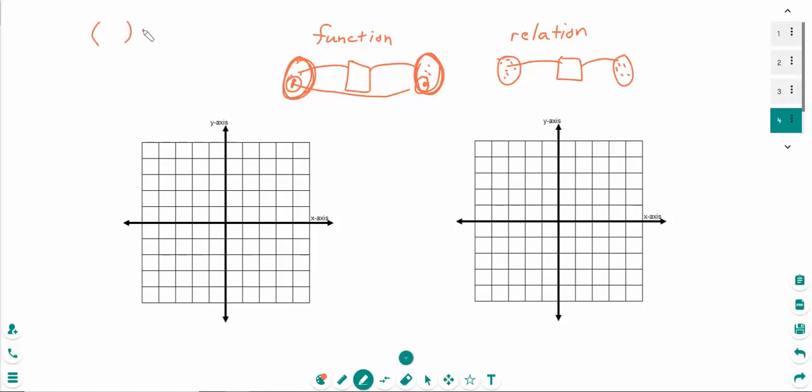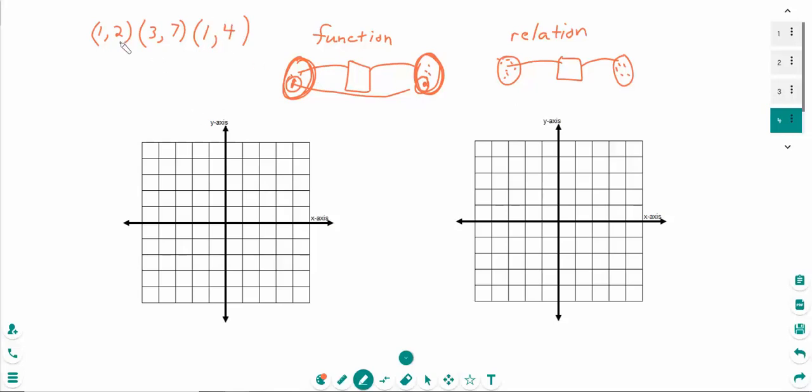And recall that if we had a system of relations between inputs and outputs, if I said, okay, if you give me a 1, it's going to go into this black box and it's going to spit out a 2. And if you give me a 3, it's going to go into this black box and it's going to spit out a 7. And if you give me a 1, let's say you plug in another 1 over here, well, then it goes into the black box and it spits out a 4.